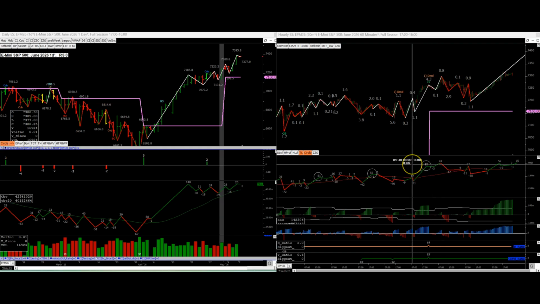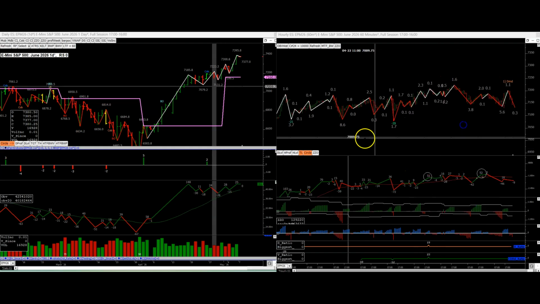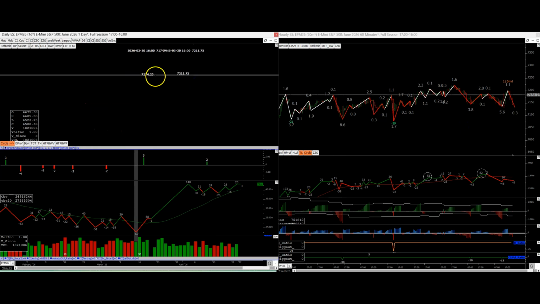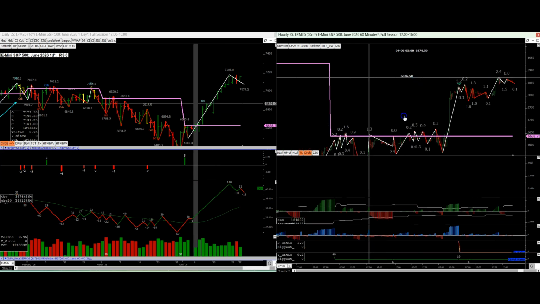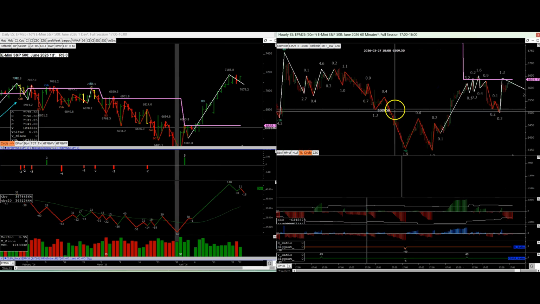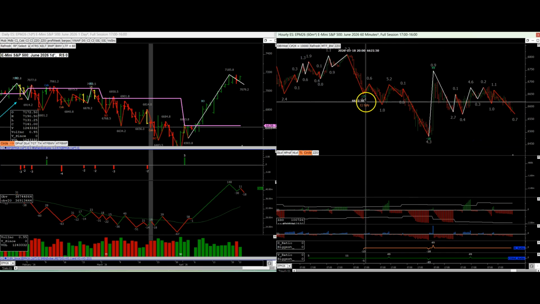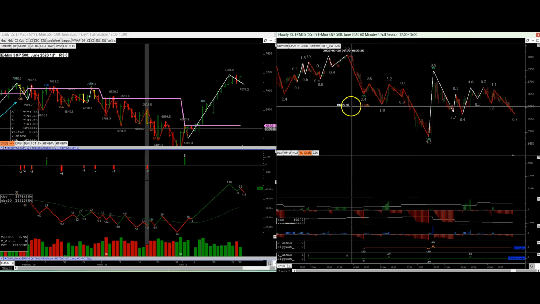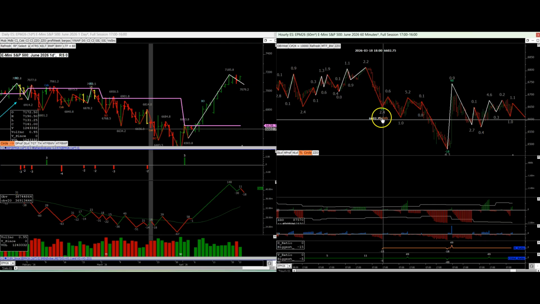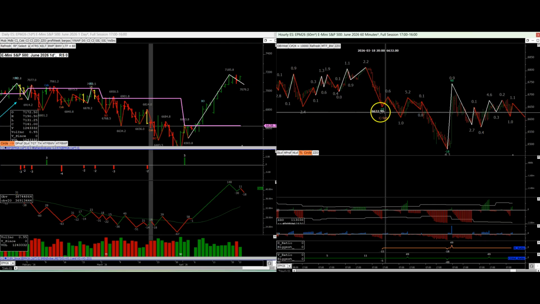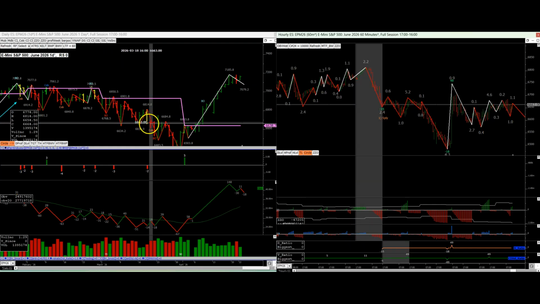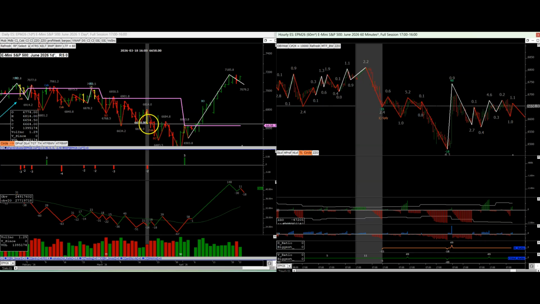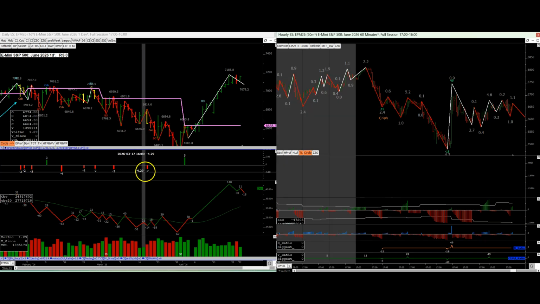Anyway, case in point, there's the trend, and I want to be able to see these supply and demands from a lower time frame, like this supply right here. This is on 2.4, so basically 2. This is the corresponding selling pressure, which is 2.